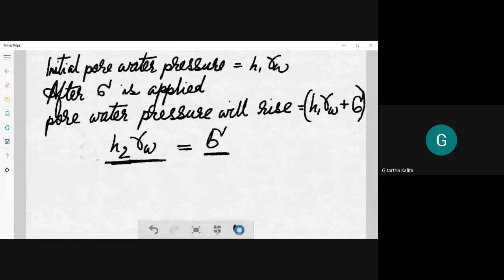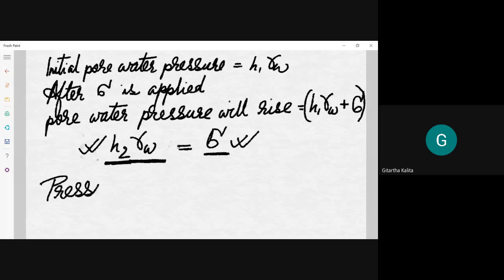Okay, so that is the concept that you need to understand. The water in the piezometer has risen by H2 only because of this sigma. That's why we are saying H2 gamma water pressure is equal to sigma. So there is ultimately a pressure gradient.